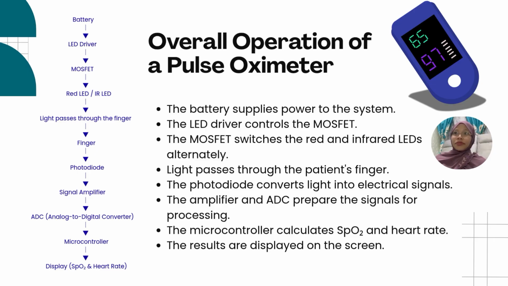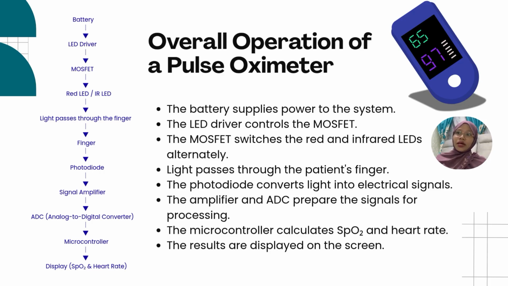This diagram summarizes the complete operation of the pulse oximeter. The battery provides power to the system. The LED driver sends a control signal to the MOSFET, which alternately switches the red and infrared LEDs. The emitted light passes through the patient's finger and reaches the photodiode. The photodiode converts the received light into electrical signals.